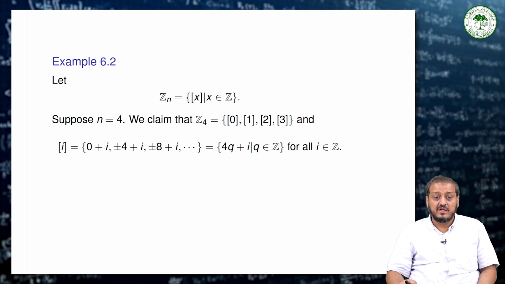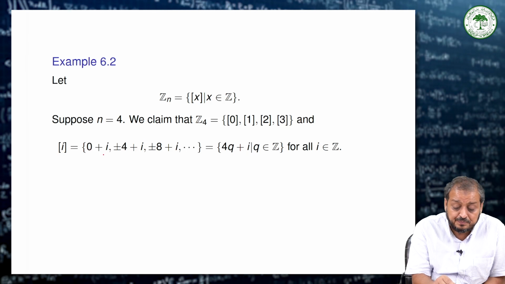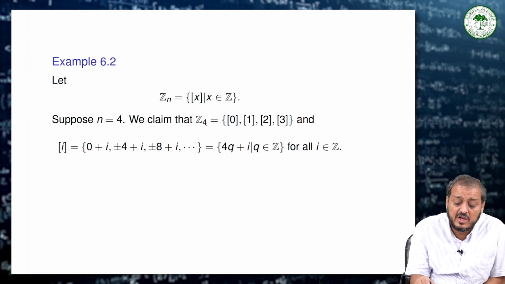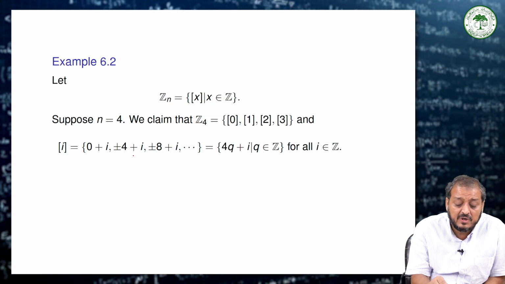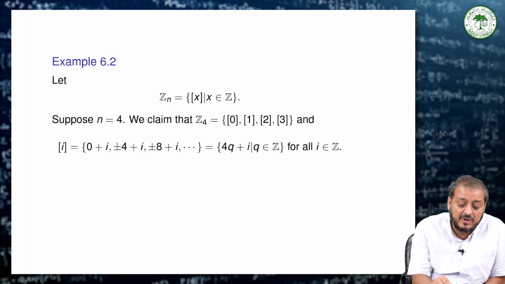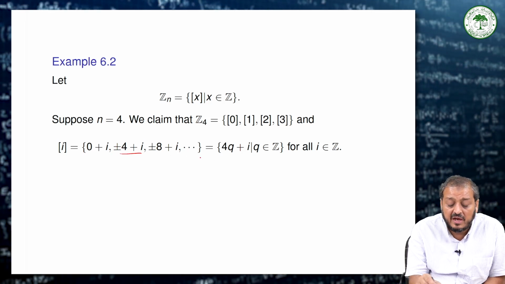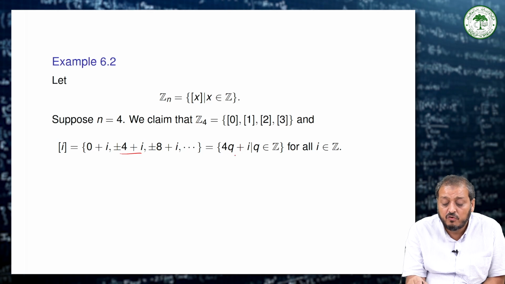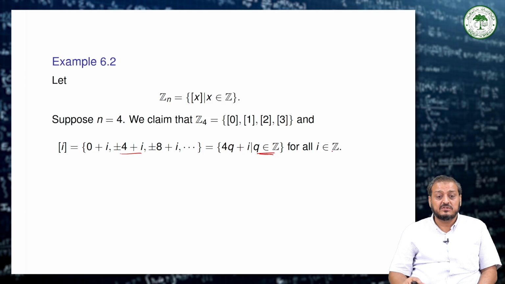The equivalence class of i can be written as 0 plus i, minus 4 plus i, minus 8 plus i, and in general 4q plus i, where q is any integer, for i an element of Z.